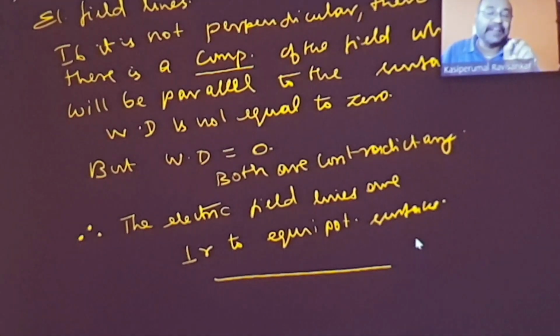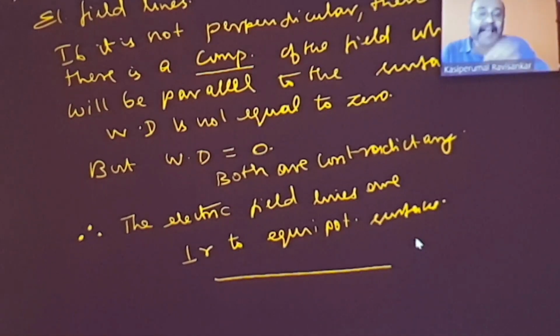For a point charge, equipotential surfaces are in the form of concentric circles around the charge in the electric field, and the electric lines of force are perpendicular to them.